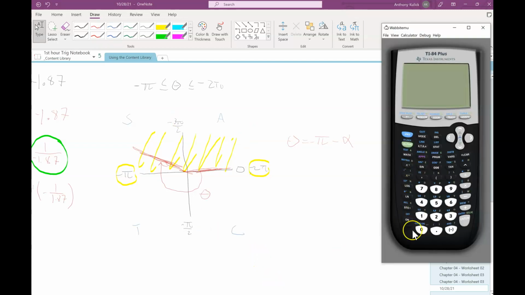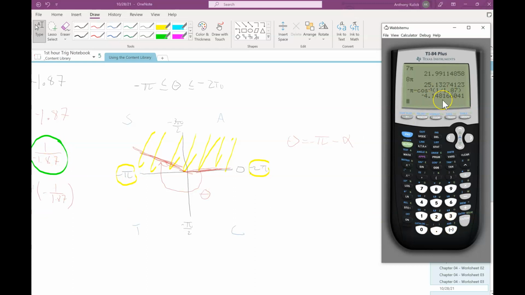So if we go to the calculator, do negative pi minus cosine inverse. Now remember, this is going to be the absolute value of negative 1 over 1.87. I'm not going to bother to do the absolute value in my calculator because I can make something positive in my head, but I want to point out that this is always a positive value for alpha.